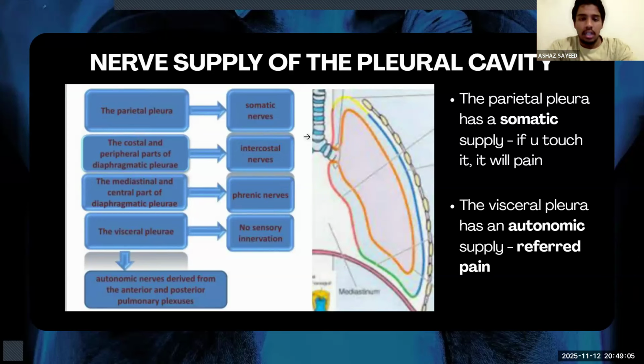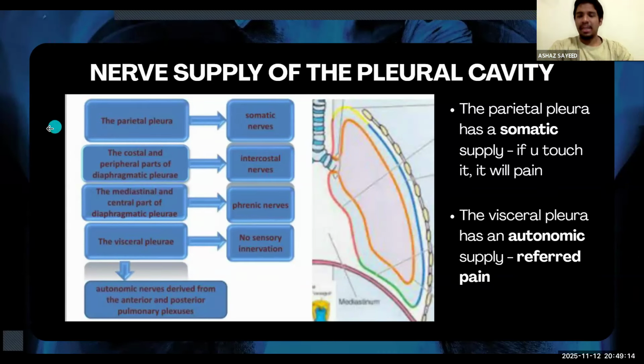Now just to go quickly through this. The pain of myocardial infarction: the problem is in the heart, but you feel the pain in your jaw. Exactly. Now, the parietal pleura has somatic nerves and you will feel pain directly there.